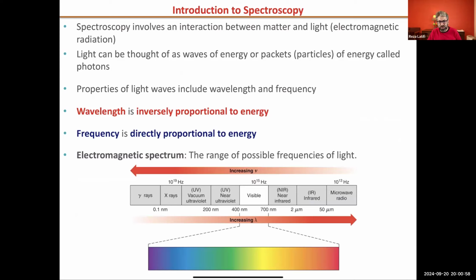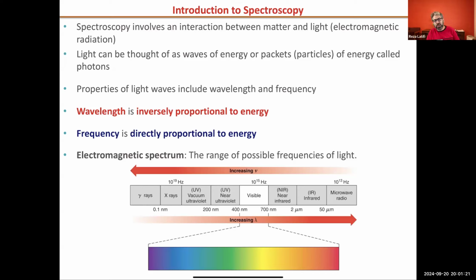For example, if you want to know about stuff related to the nucleus, you need to use a higher amount of energy, something around X-ray, for example. X-ray or gamma. Why? Because you're going to get so close to the nucleus, and the energy has to be really high.